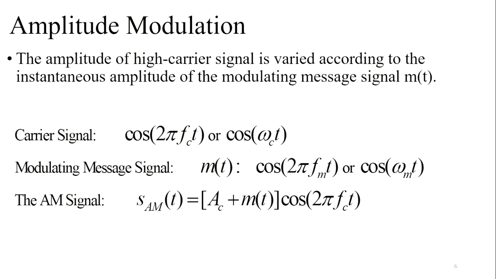These are combined, carrier and modulating signal, to produce the AM signal: s_AM(t) equals Ac, the carrier amplitude, plus m(t), the message signal, with cos(2πfct) outside.